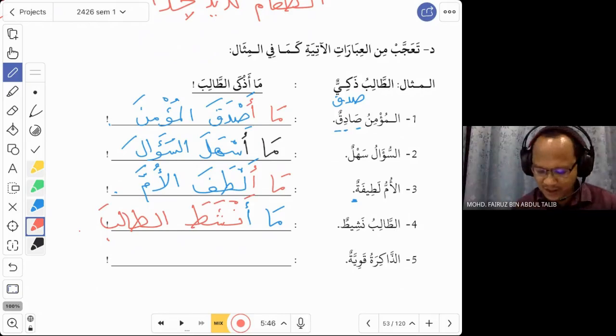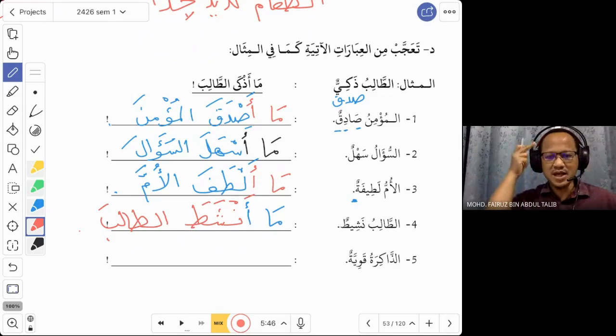MashaAllah. He's very active. And finally, Al-Zakiratu Qawiyya. Al-Zakira, the memory. Zakira is memory. Zakara is to remember. Zakira qawiyya.